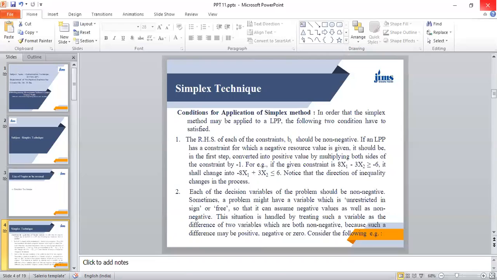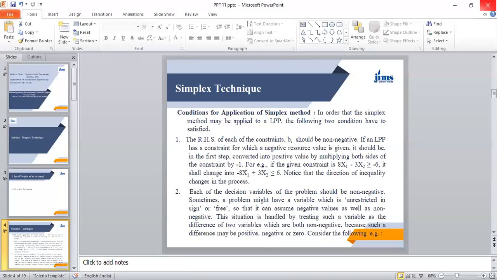Suppose the right hand side is negative, then we multiply both sides by -1 to convert the constraint into another equation in which right hand side will be a positive quantity. For example, let us say that 8x1 minus 3x2 is greater than equal to -6. In that case, we shall multiply both sides with -1.